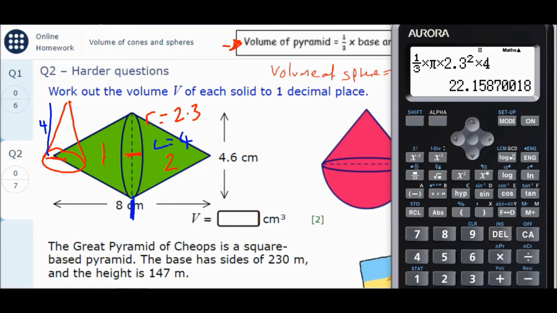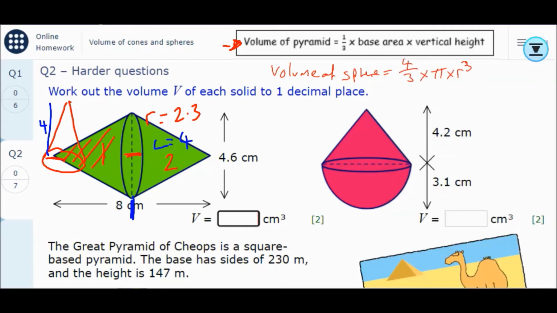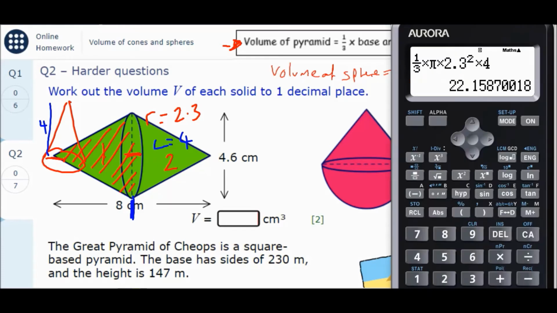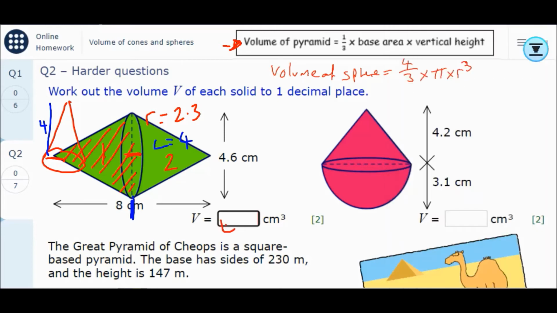So that's going to give me 22.1587. Remember, that is only half of my shape. So we found the cone for this part here. So I now need to double it. So I'm going to times that by 2. And remember, we're still doing it to 1 decimal place. So that's going to be 44.3. I don't round it until we get to the very, very last step. So 44.3 would be my 2 cones.